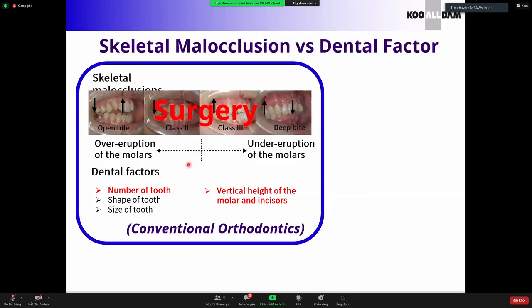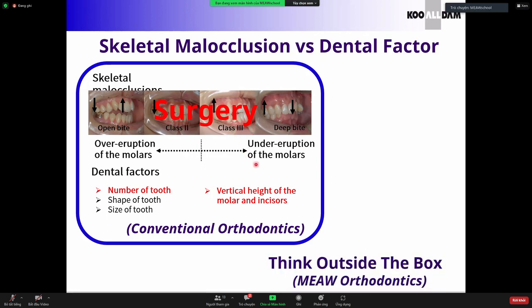In this case, there is no exploration of the etiologic factors, and so finally, in a class 3 patient, surgical treatment is recommended. So in myo-orthodontics, we should think outside the box.